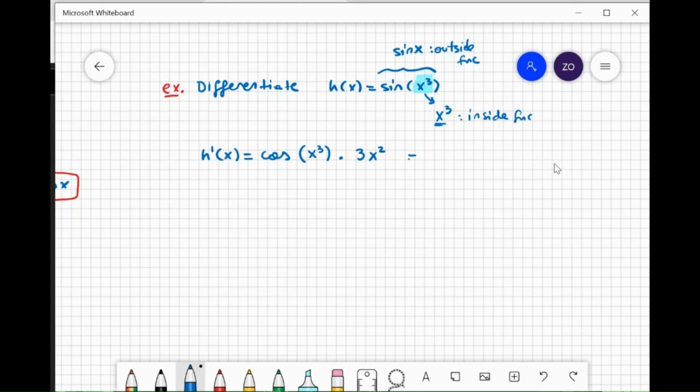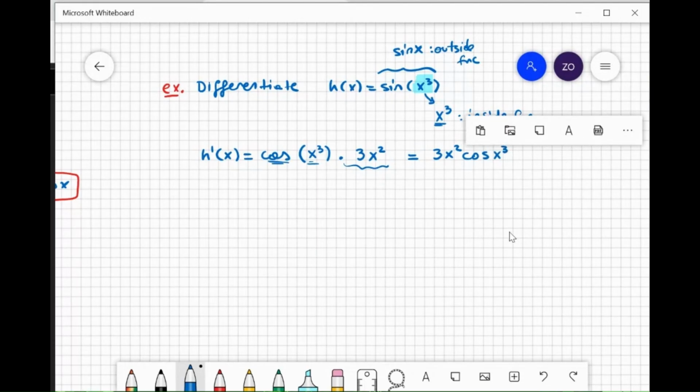That's it. But I would just write this in the front, 3x squared, and let me tell you why. If you use parentheses, it is clear that cosine is evaluated at x cubed, and the whole function is multiplied by 3x squared. But I just changed the order of this product just to get rid of these parentheses.